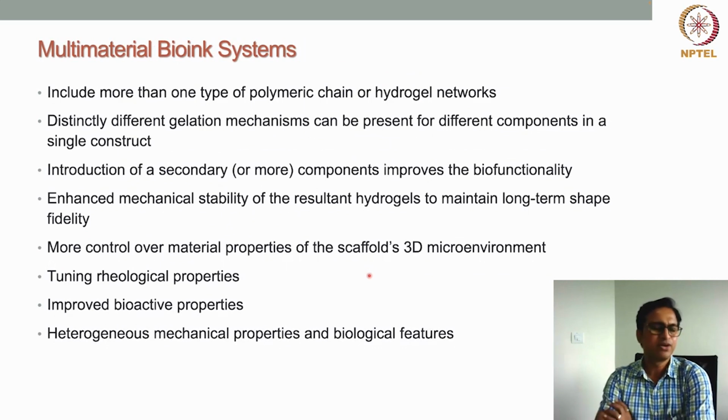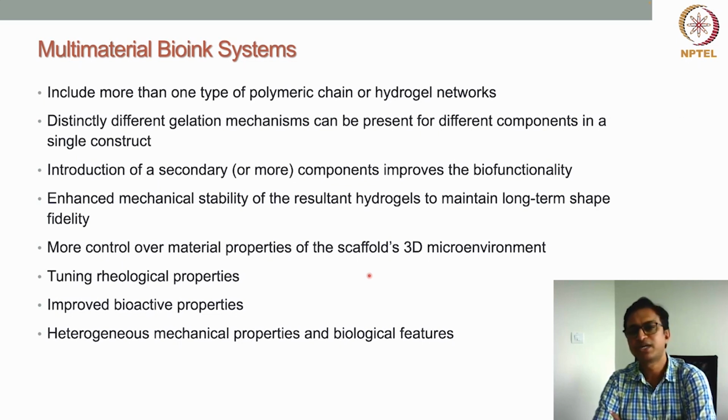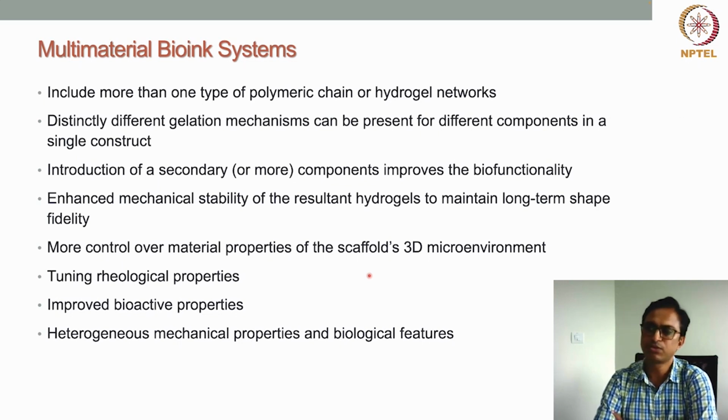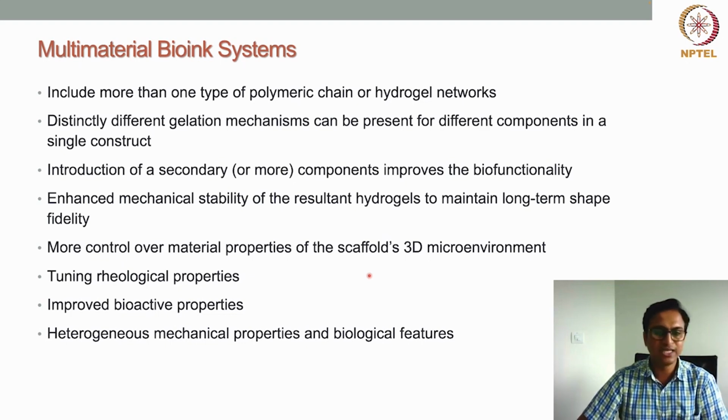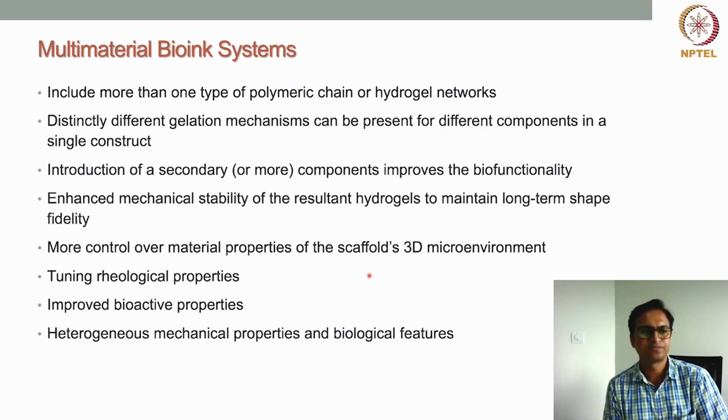So multimaterial bioink systems are developed, made up of more than one polymer or hydrogel network. Many times 2, 3 or 4 different types of polymers or hydrogel networks are either mixed together or printed simultaneously in a single construct, so that we can address the limitations that we have seen in the earlier slide.